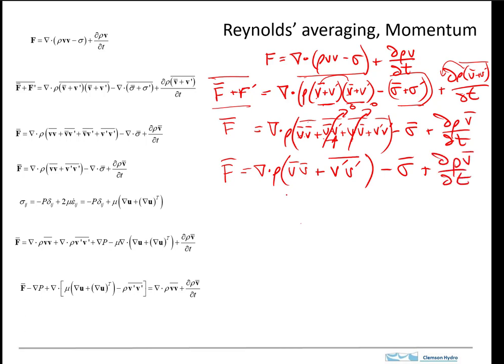Okay, so there's what we have. If we look back up here, we've got an average body force there. We've got an average convective acceleration term there. And we've got a divergence of, let's see, this should be like that, right?